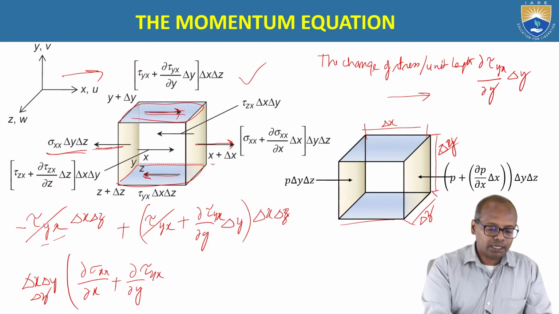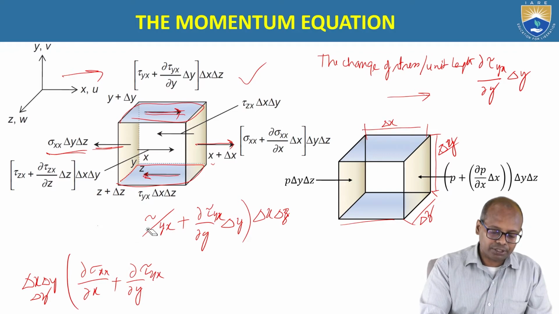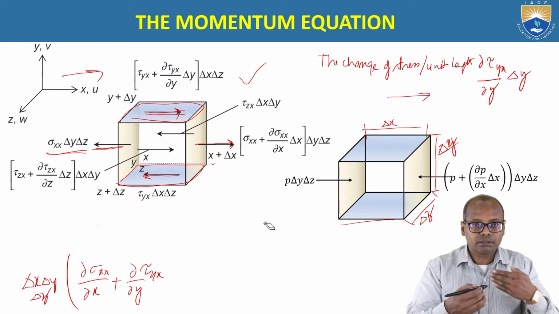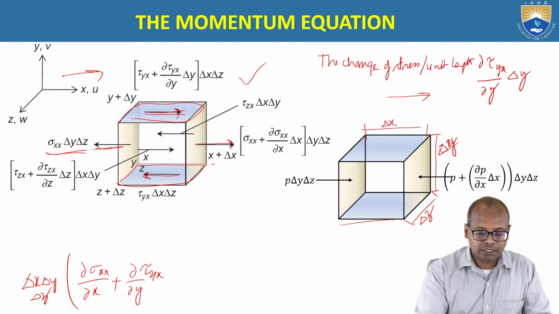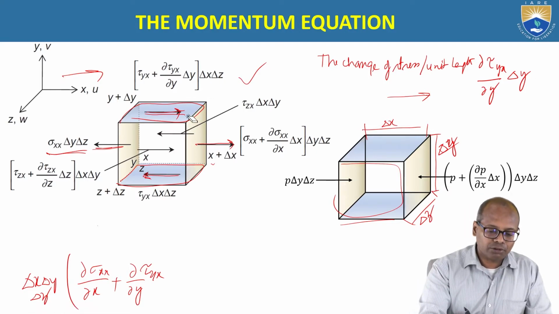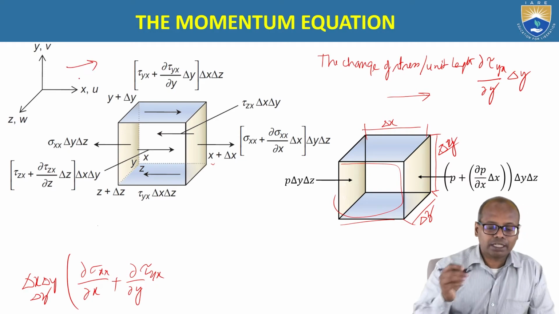Now if I consider the other face, the front face and the back face. So this is the front face and this is the back face. Now on the front face, what is the force that is acting? This is positive x direction.